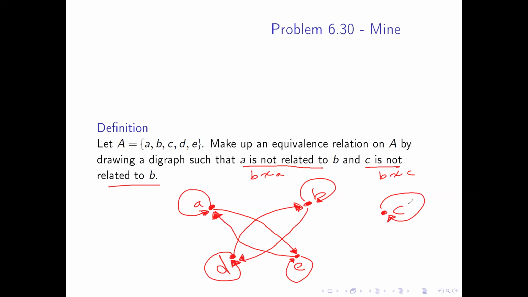Now, here's an interesting question. Can E or D be related to C in this situation? And the answer is no. Because if D or E had a connection, well, actually, I do have one correction. D cannot, but E still could, because this simply said that C was not related to B, but it did not say it wasn't related to A. So I could actually add this in if I wanted to.